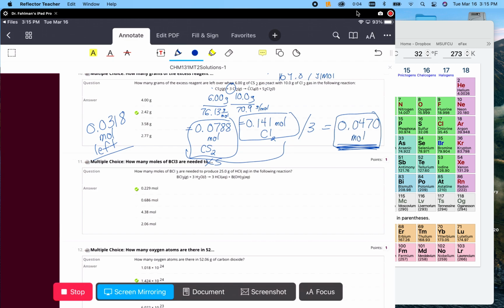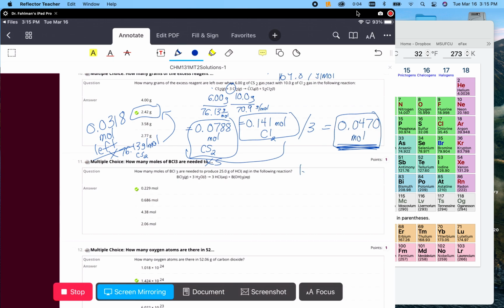So that's the 76.13. Okay, and that gives you 2.42 grams. Okay, so times 76.13, the molar mass of CS2. Okay, and that gives you that. So you just subtract.